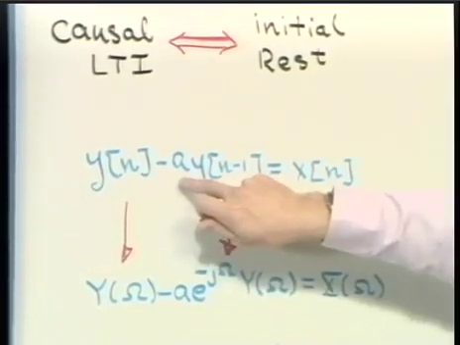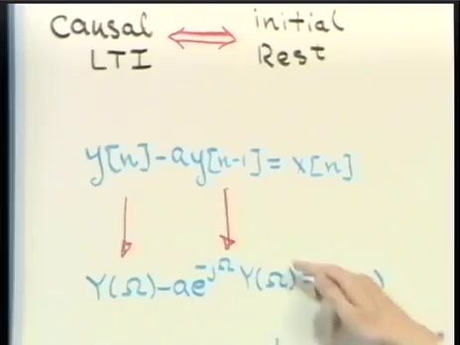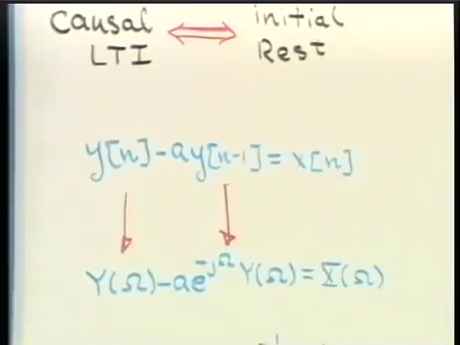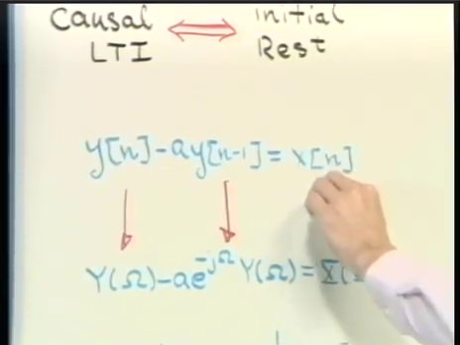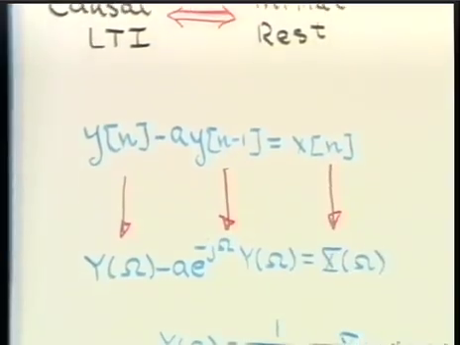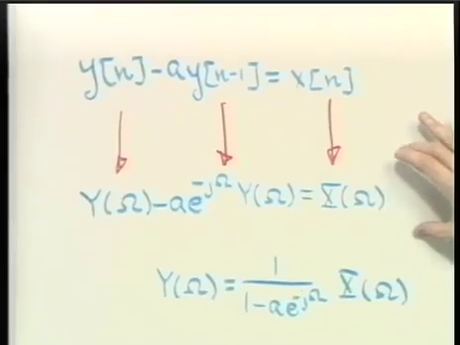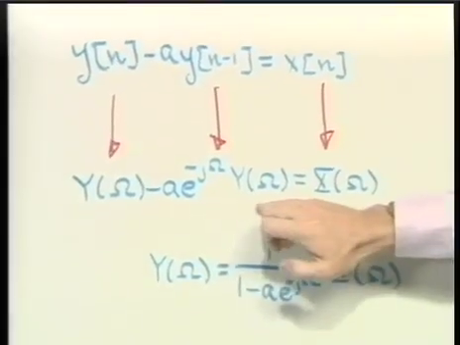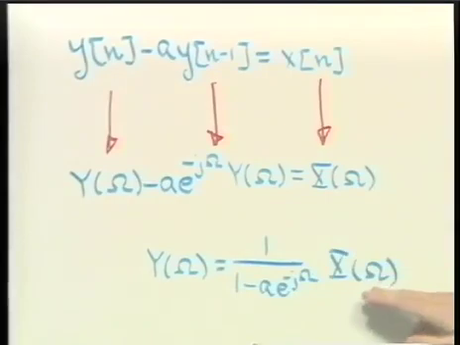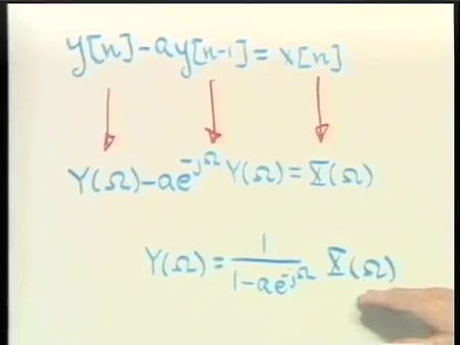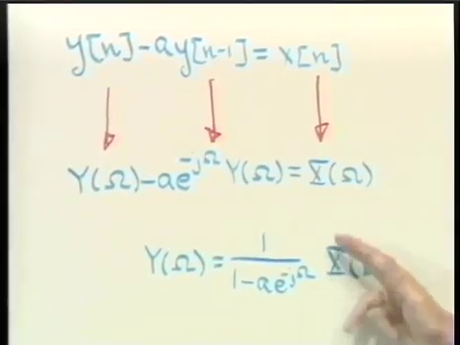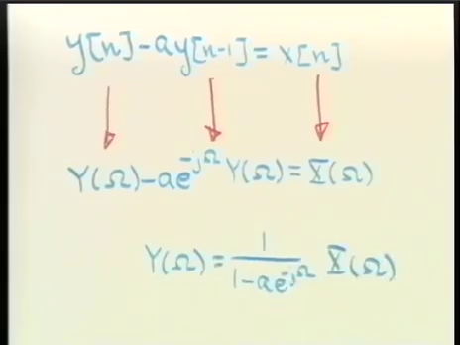Using the linearity property, we can carry down the scale factor and add these two together as they're added here. And the Fourier transform of x of n is X of omega. Well, we can solve this equation for the Fourier transform of the output in terms of the Fourier transform of the input and an appropriate complex scale factor.